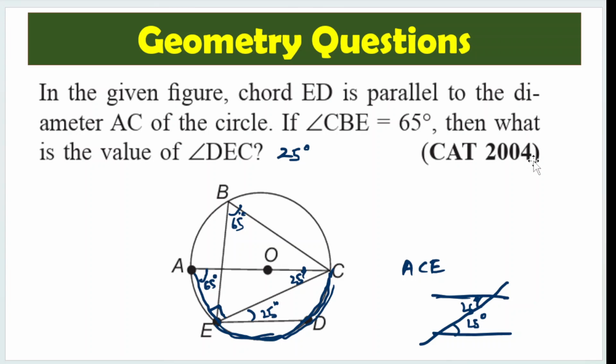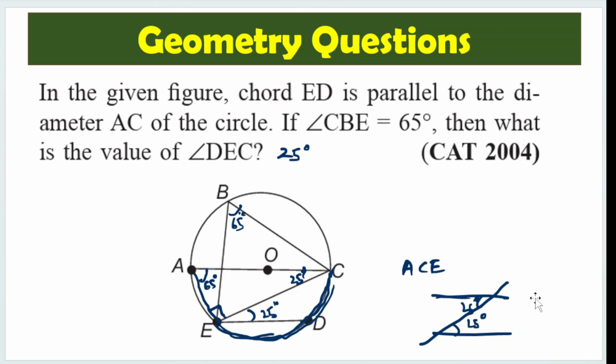CAD problems are verbose, but the solutions are very simple. If you see here, we didn't use anything else. We just used two properties. Any angle which is made by an arc on the circumference is the same. This angle, or if we make a third angle, that is also equal to 65 degrees.